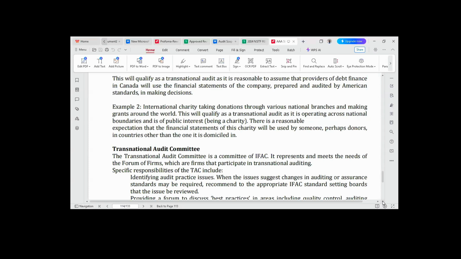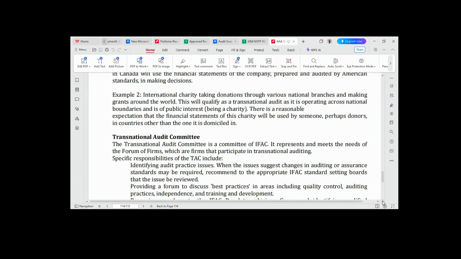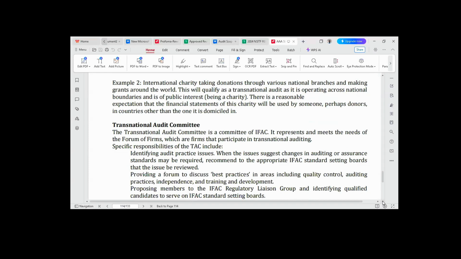Number two, because they are a bunch of professionals, they also want to promote good global practices in terms of quality control, audit practices, independence, training, and development.